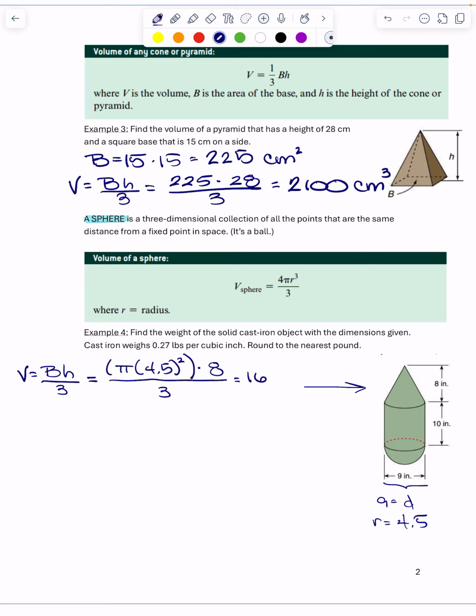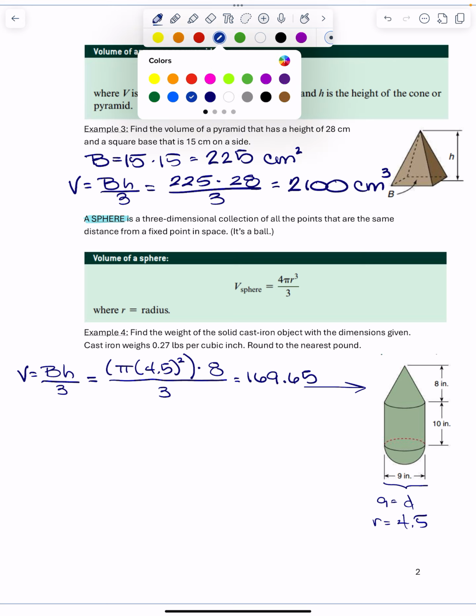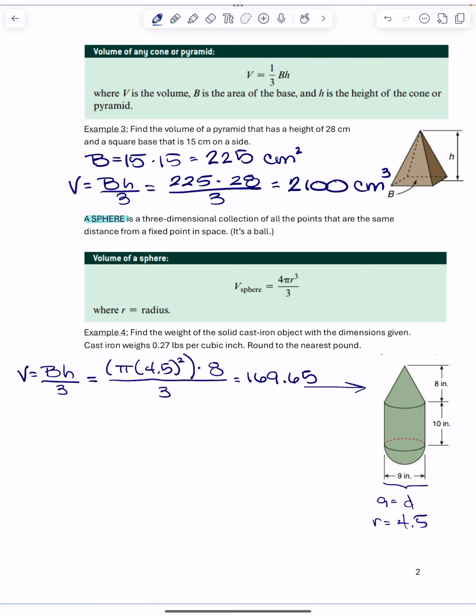We want this rounded to the nearest pound, so in the meantime, I'm going to take this out to 2 decimal places. I got 169.65. Now, I have the volume of this cylinder, just base times height. It's not coming to a point. I'm not dividing by 3.